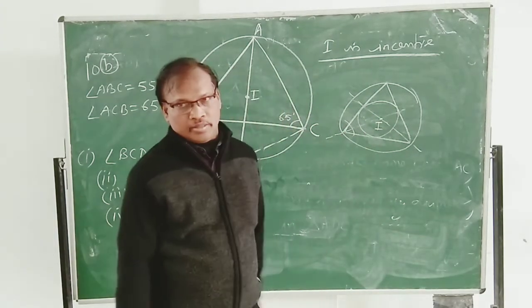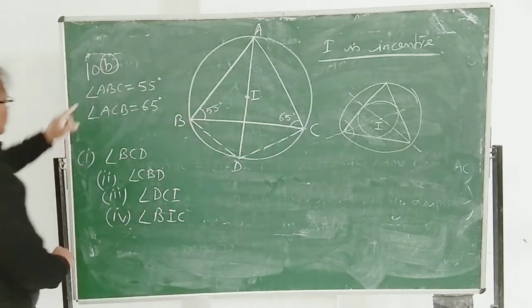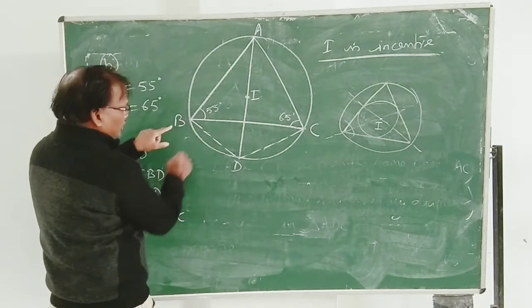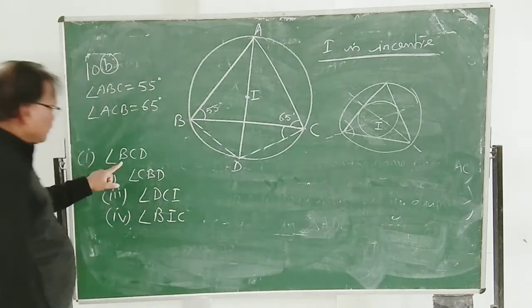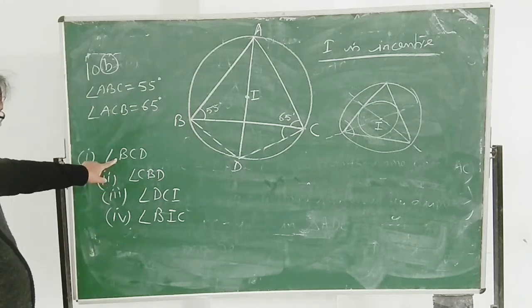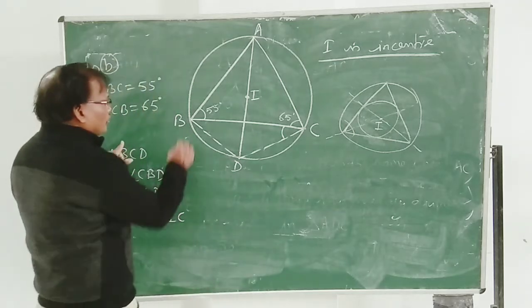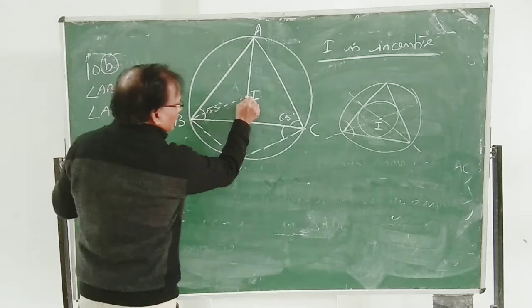For the first one, angle BCD, you have to find this one, right? How to find? First you join this one and this one.